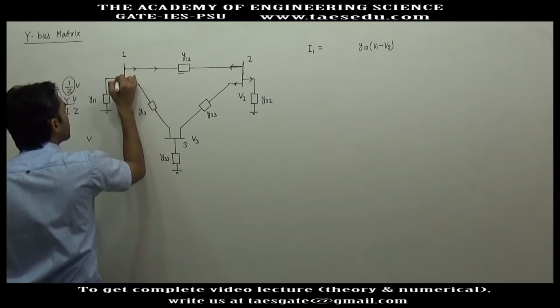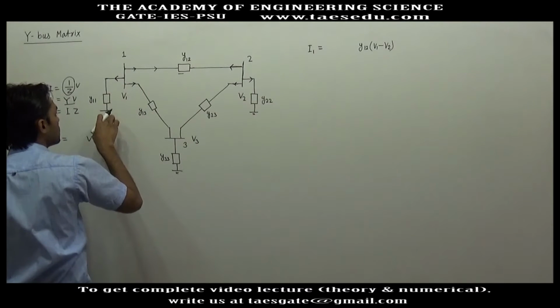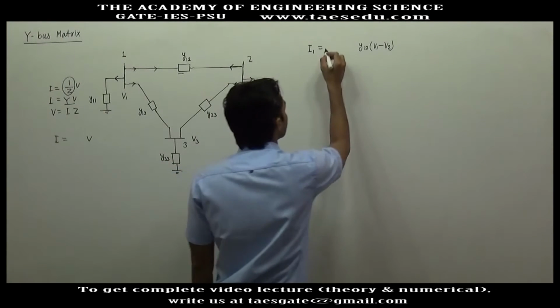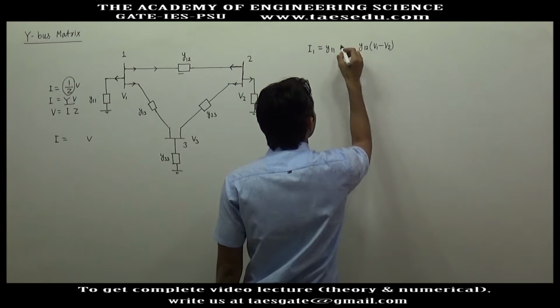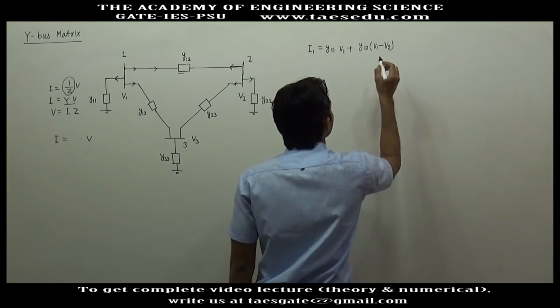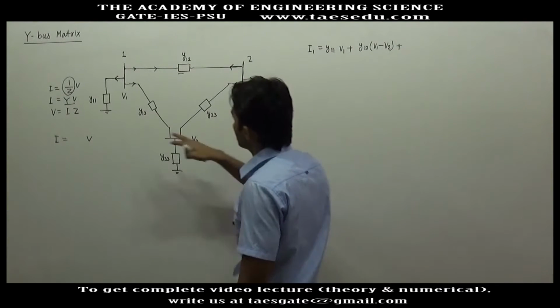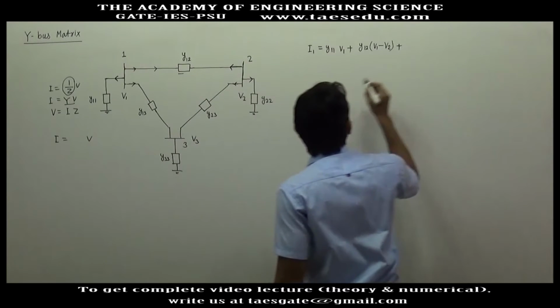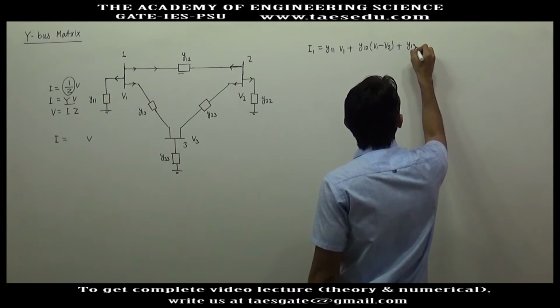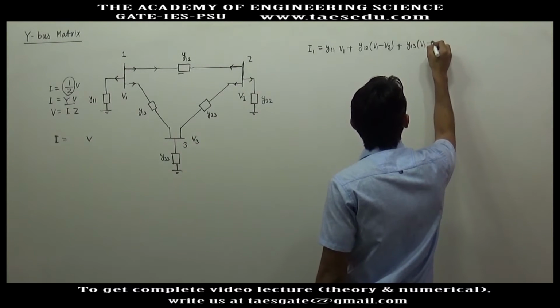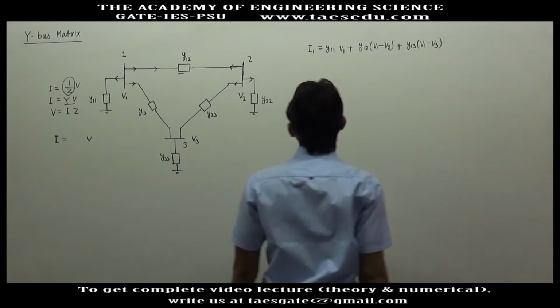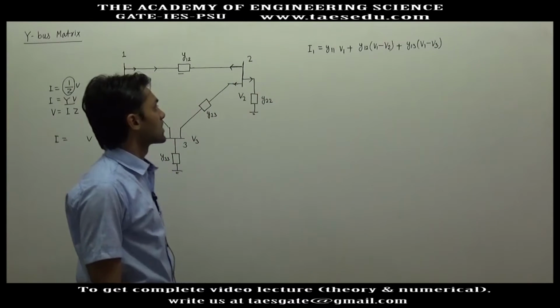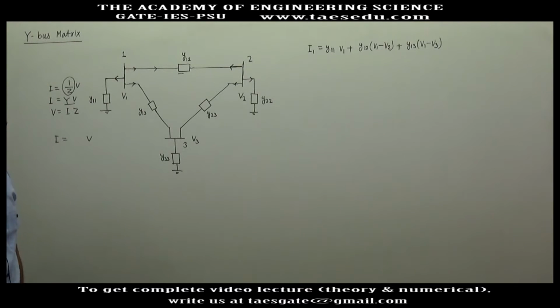Similarly, what will be this current? V1 minus 0 into Y11, so Y11 into V1, plus, what will be this current? Y13 into V1 minus V3. So in the expression of I1 we have V1, V2 and V3.